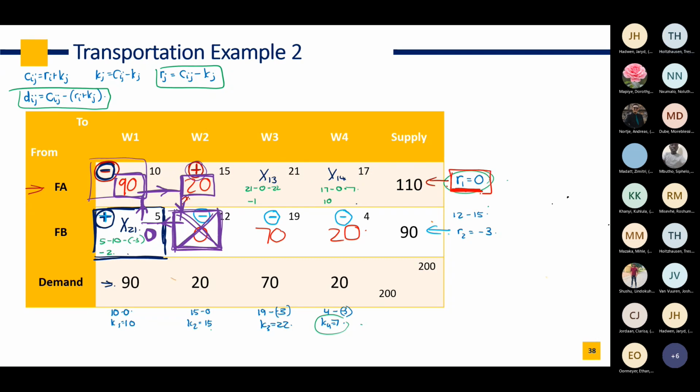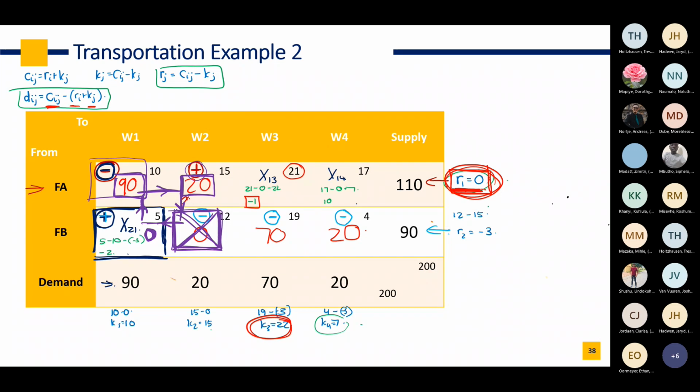It's the R1 value. So when you're looking at your difference, it's your cost minus your row minus your column. So it's the 21 minus the 0 minus the 22. So that would give us a DIJ.